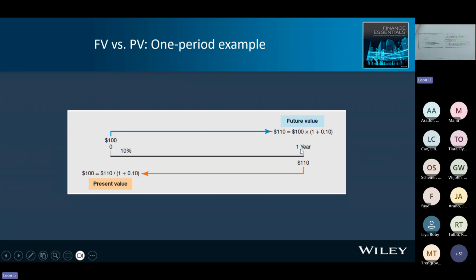On the other hand, if you bring the $110 at year 1 back to today, you can see its present value is $100. All right. So for me, PV and FV use the same equation. The difference is the time. If you move the money to the future, you have future value. If you move the future money to today, we have present value. Okay.